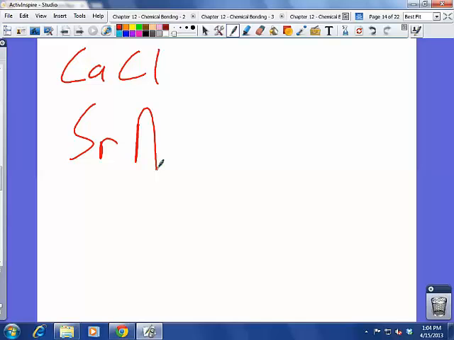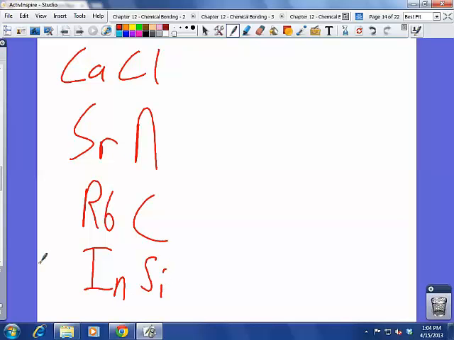Rubidium and carbon. And finally, my most difficult one, indium and silicon. Use whichever method you like, but see if you can figure out what those ratios should be.